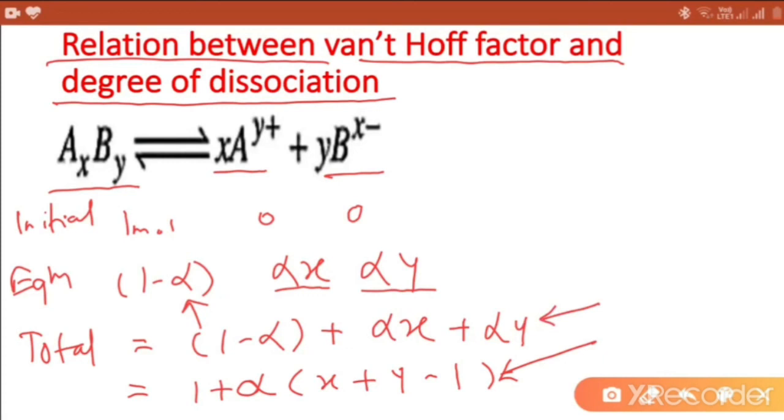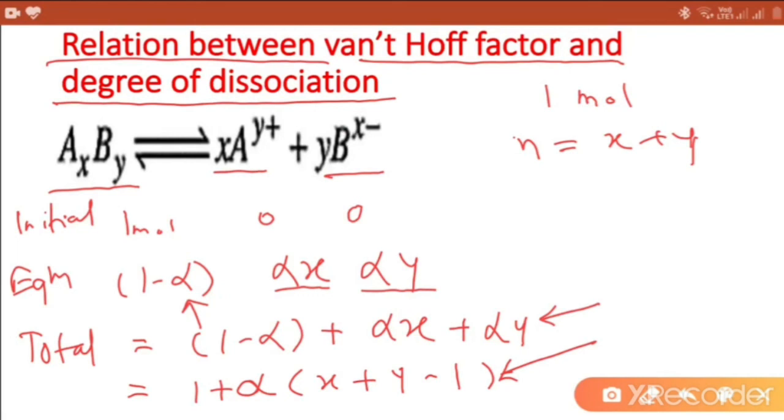And we know for 1 mole of electrolyte after dissociation we get the ions, and the number of moles x plus y is equal to n, that is, dissociation of 1 mole of electrolyte.